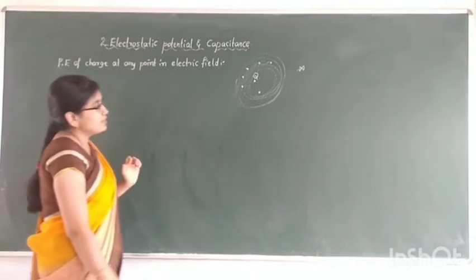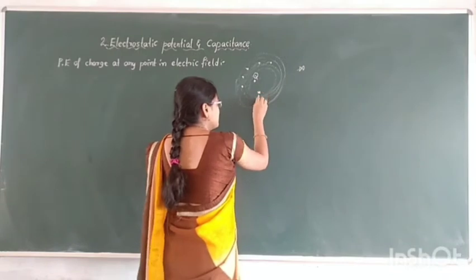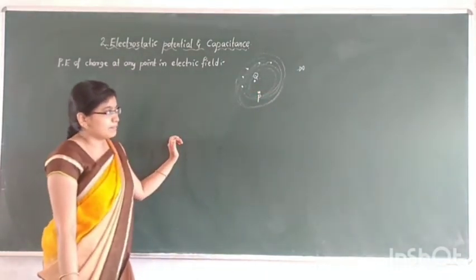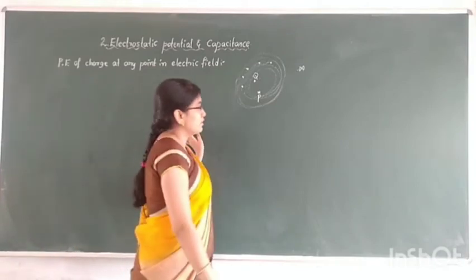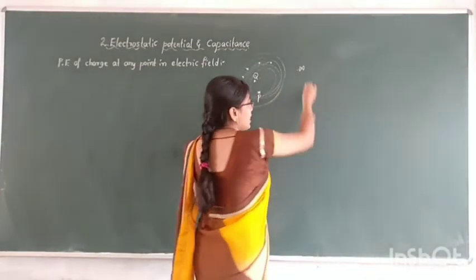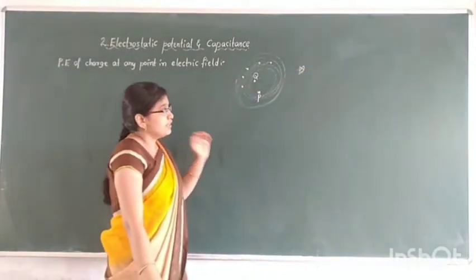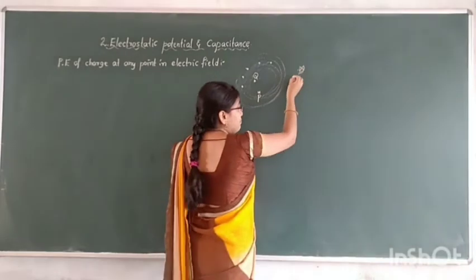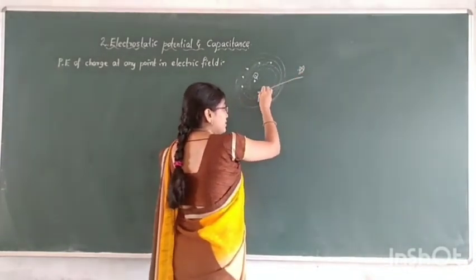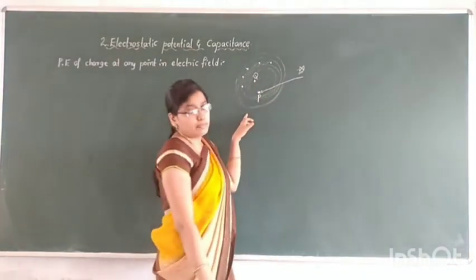Suppose we have to calculate the potential energy at this point P in this region of space. Then we imagine the charge is situated at infinity. While bringing the charge from infinity to point P, there will be a force of repulsion.